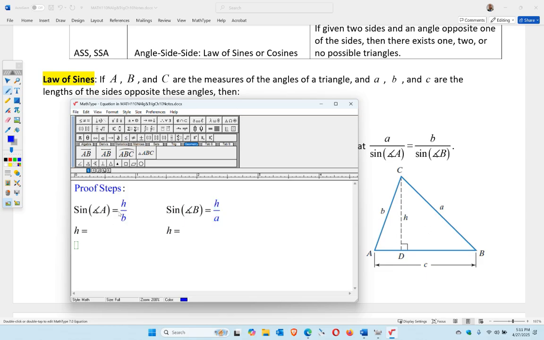Okay, so if I multiply both sides by B, I get H equals B times the sine of A. And if I multiply this side and this side by A, the A will go away, and I'll get A times the sine of B. Which will cancel the A over here, and so it just leaves me with an H only. Okay, so now they're both equal to H. So basically this is equal to this.